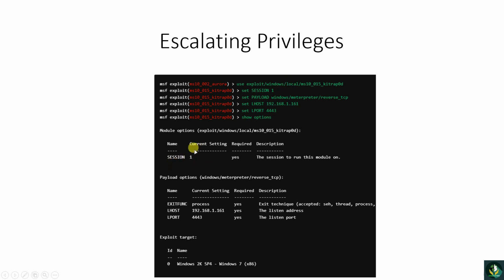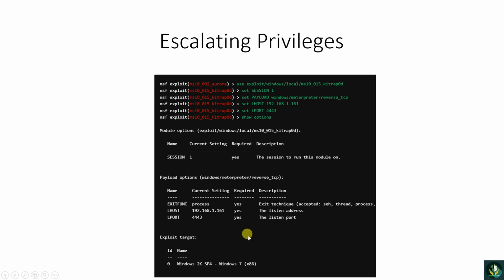As you can see, it is running on session 1, using this payload and this exploit, and it shows you all of the updated values that you set. This is the IP that we set, this is the LPORT that we set, and all of those options.